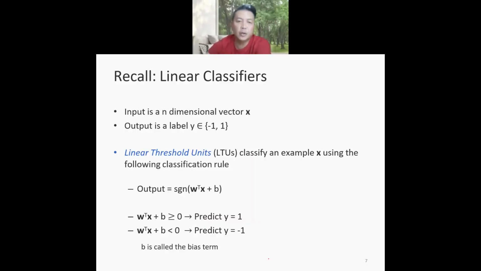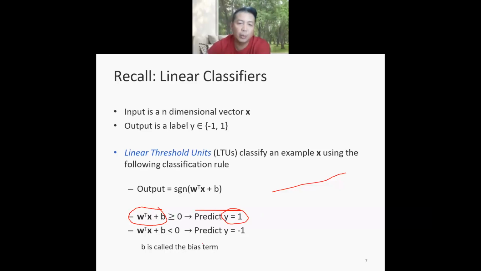When we draw a line, we must indicate which part is positive and which part is negative. So if we draw a line that fulfills this function, we are saying that if the value of this is greater than or equal to 0, then we predict the output y to be 1.